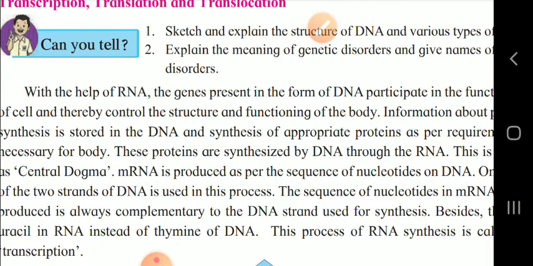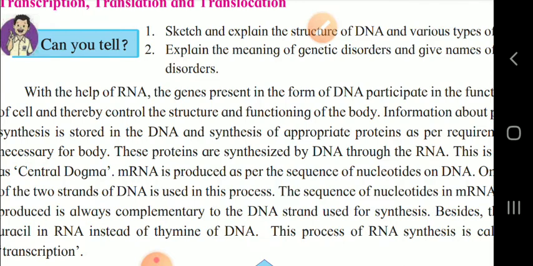Now here we'll see the genes which are present in the form of DNA that participate in the functioning of the cell, and therefore they control the structure and functioning of the body. So what information is there about protein synthesis?